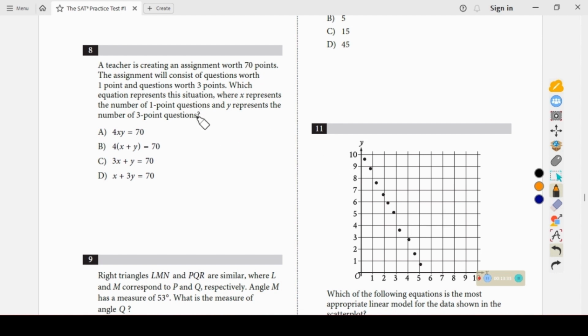Since x represents the number of 1 point questions, I can write it as 1 times x plus, and y represents the 3 point questions, so I can write it as 3 times y, and the worth of this is 70 points. So this equation becomes x plus 3y equals 70. So D is the correct answer.